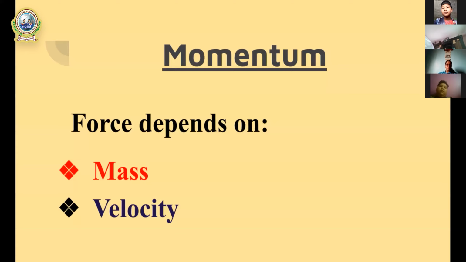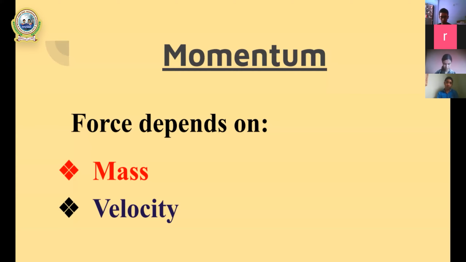That means momentum depends on two factors. So when you include both these factors, then you will have the complete answer, or in terms of physics, you will be correct. So why did I choose 5 kg mass, and why did I dare to catch the ball? If you say both the factors, they are mass and velocity.